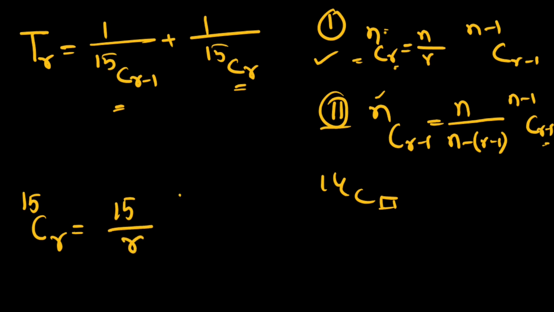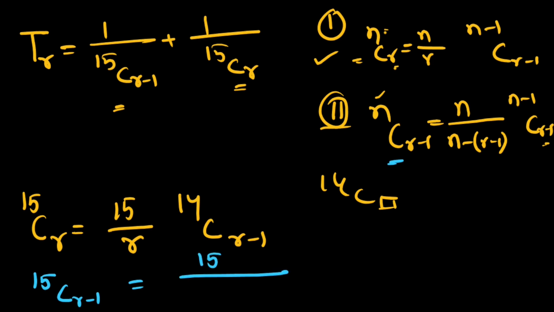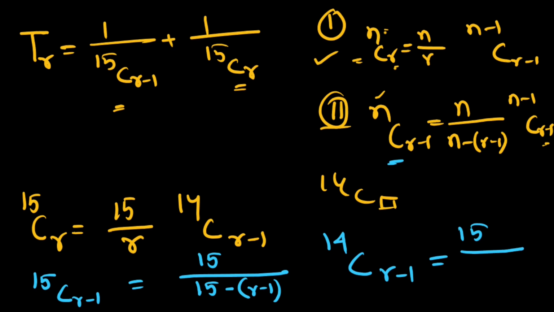The second term, 15C(R minus 1), using the second identity, is 15 over (15 minus R plus 1), that is 16 minus R, times 14C(R minus 1).